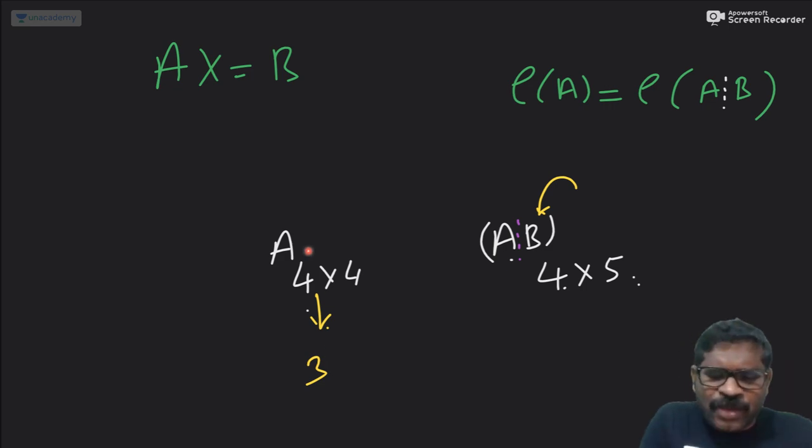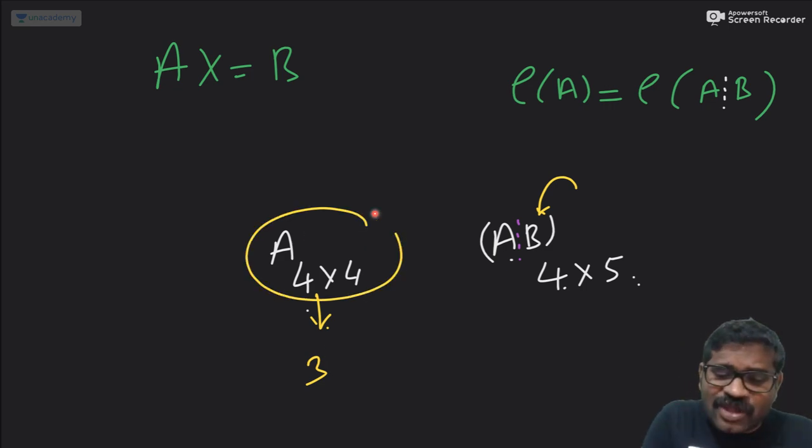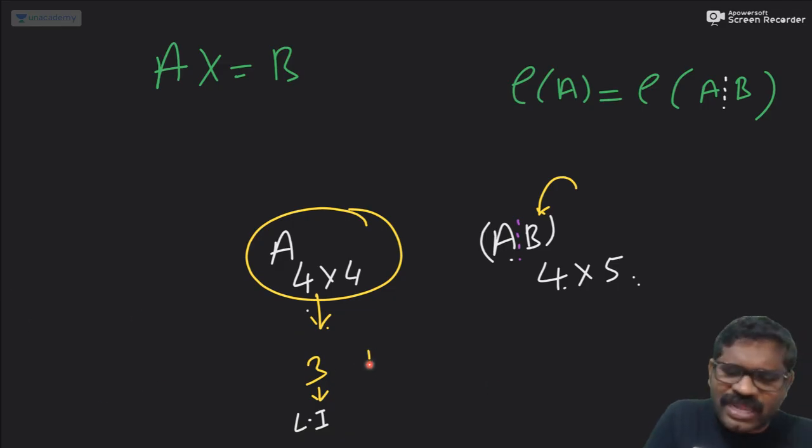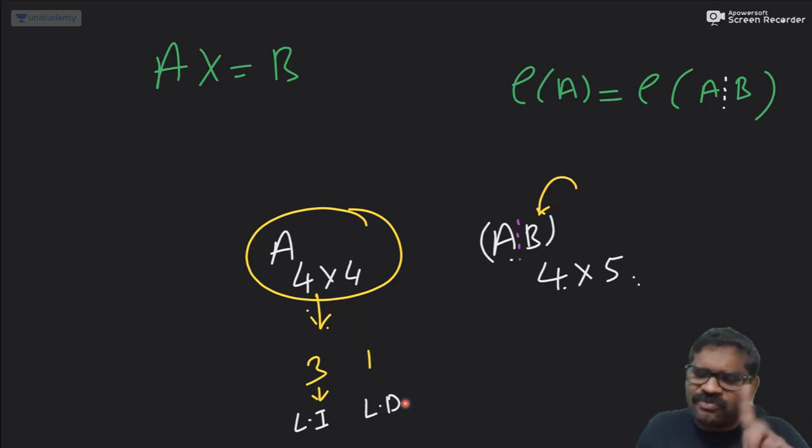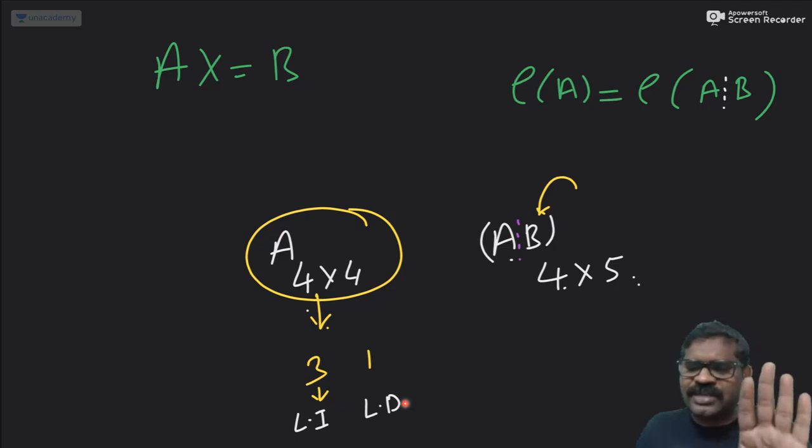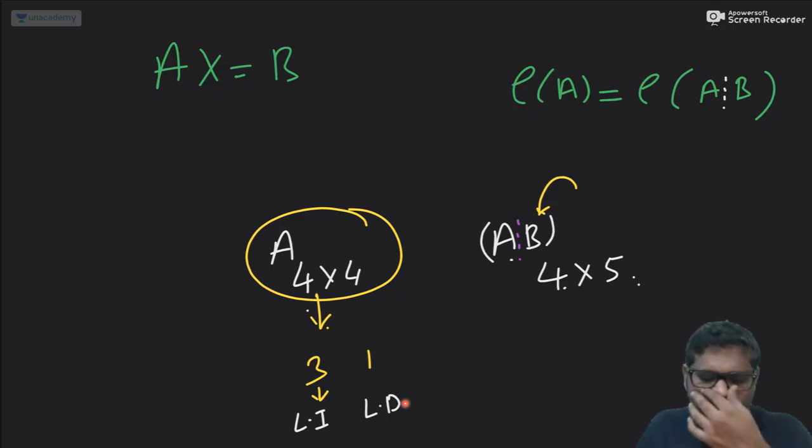If number of independent vectors of matrix A are 3 means, what about dependent vectors? 1, okay? So 1 dependent, 3 independent. There are 4 vectors, 1 dependent vector, 3 are independent vectors.